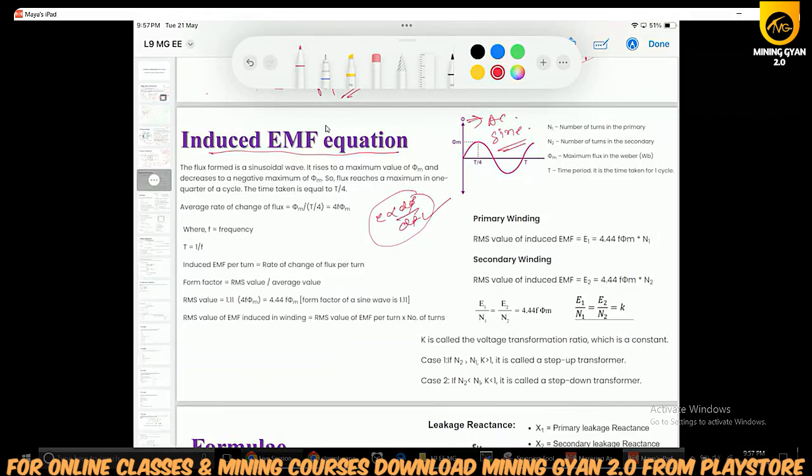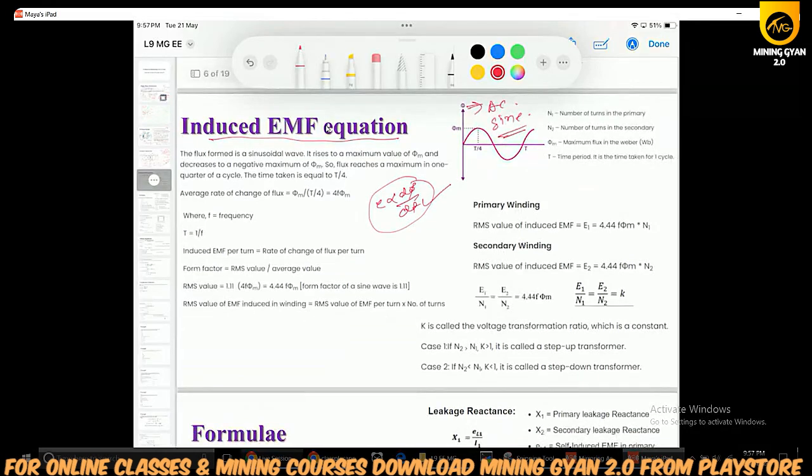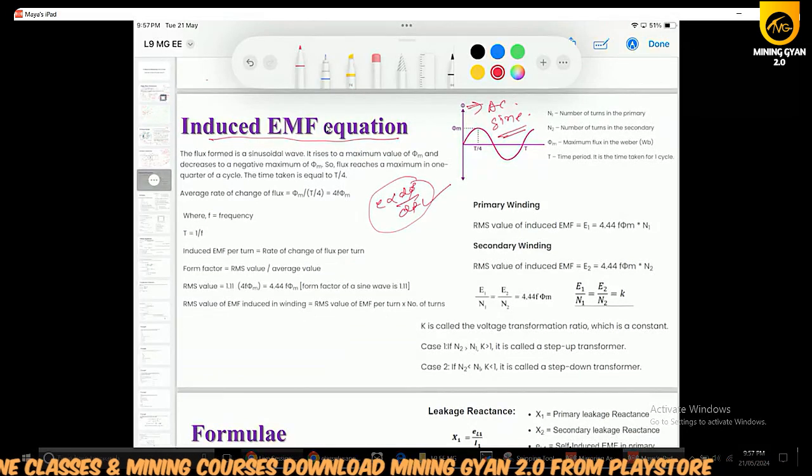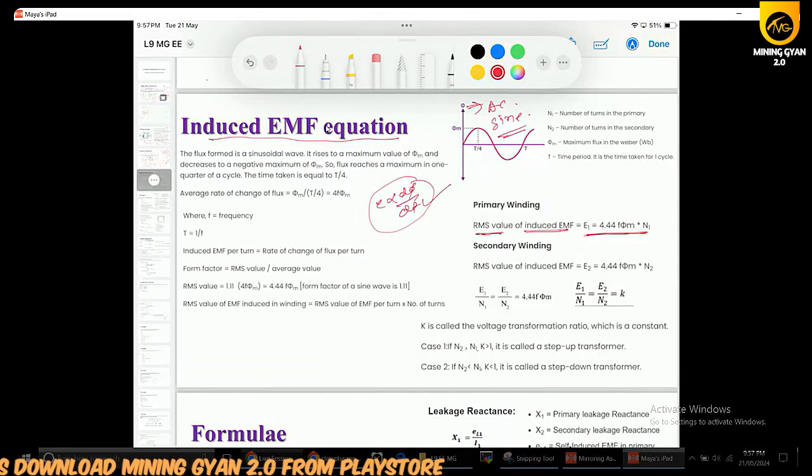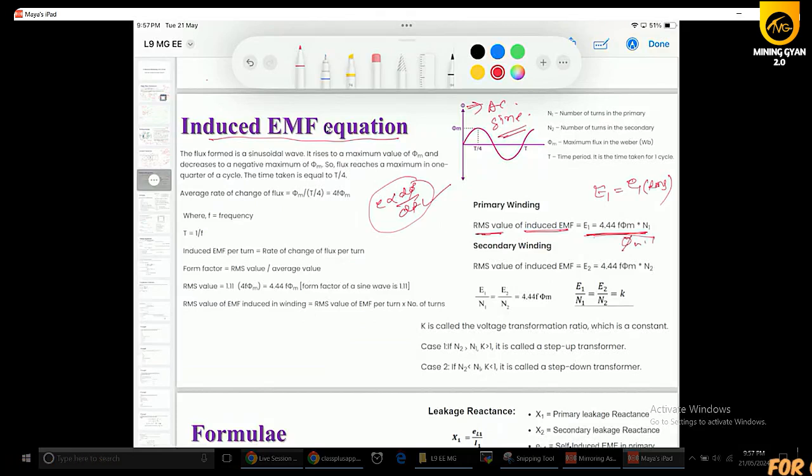So after putting these values, I am giving you the direct equation of an EMF, and that will be the RMS value of the induced EMF at the primary side, capital E1. Remember that it is the RMS value. Okay, and that is 4.44, sorry, F is the frequency, and phi m into N1 at the primary side.